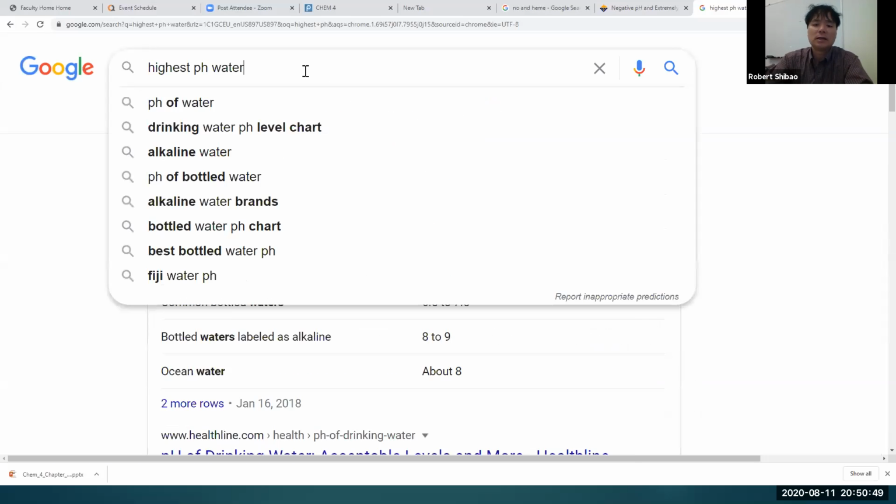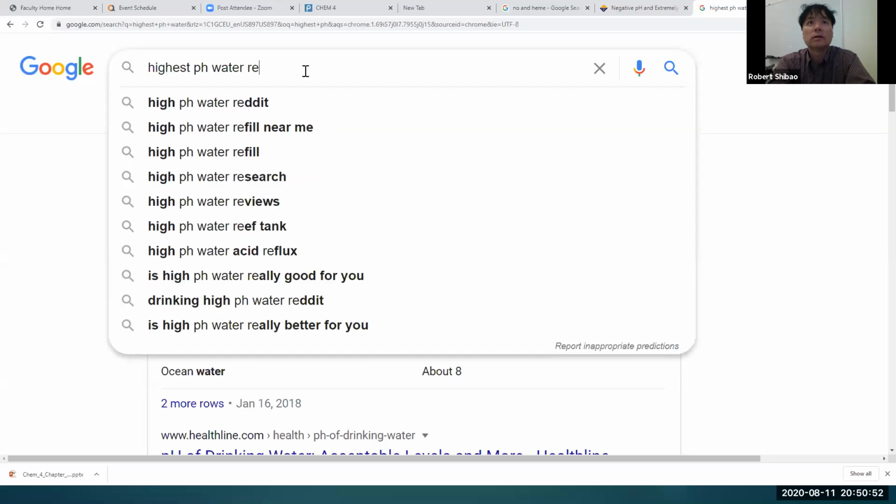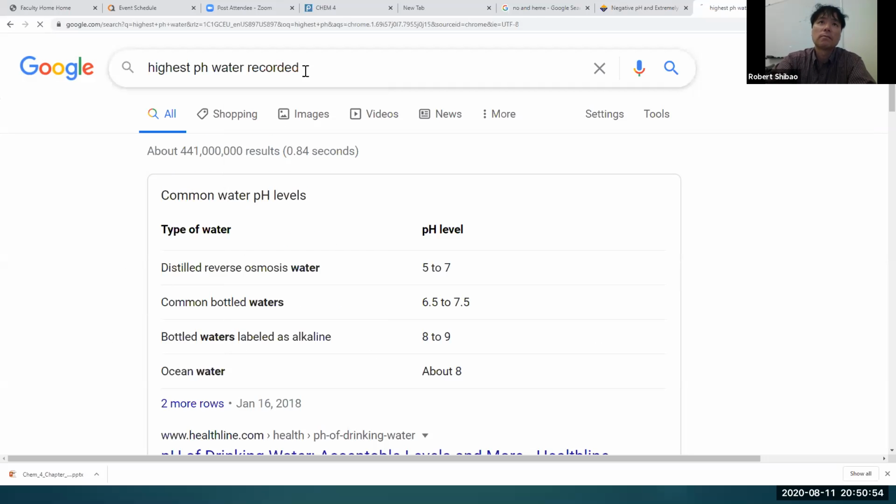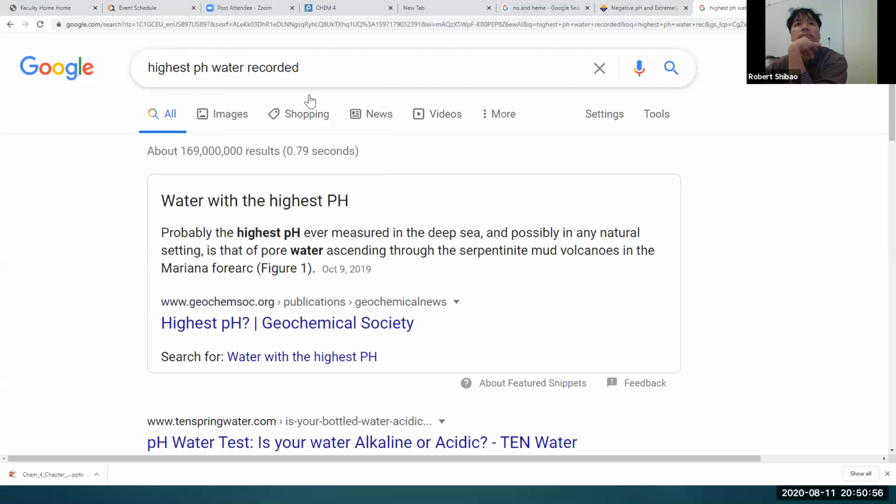So highest pH water recorded, probably the highest pH ever. This is from geochem. So I guess the geochemists have the lowest pH, which was that mine, and it looks like they have the highest pH here.